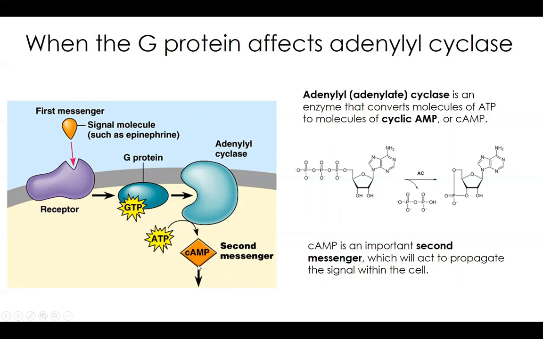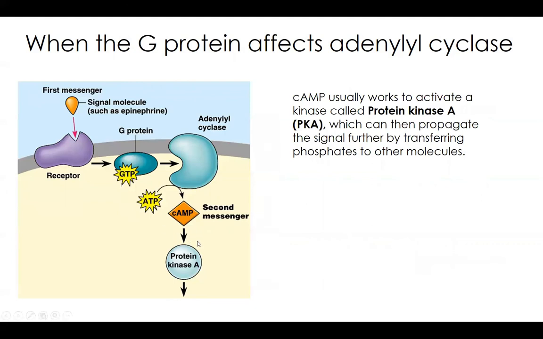This may not have a lot of meaning for you right now, but this is a really important molecule that can do a lot of things within the cell. One of the things that it can do is activate other kinases, particularly protein kinase A, and protein kinase A can then go on to continue propagating this further in the cell. This is a kinase, so it's going to transfer phosphates.